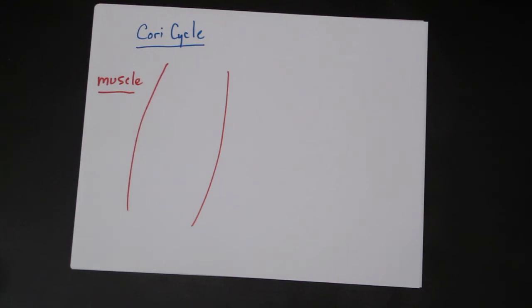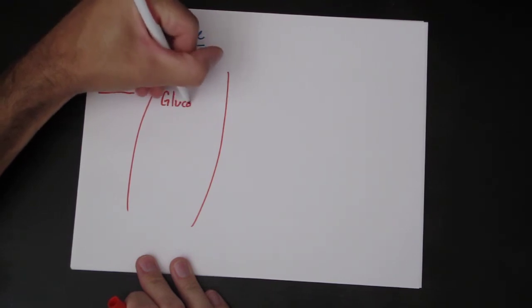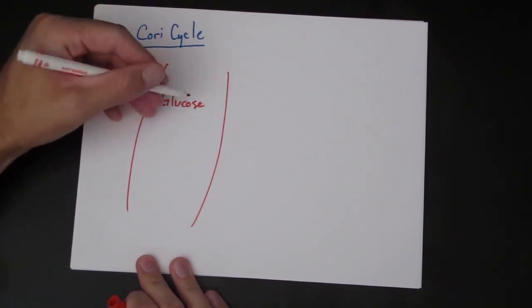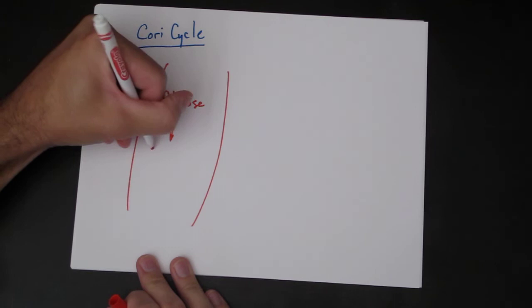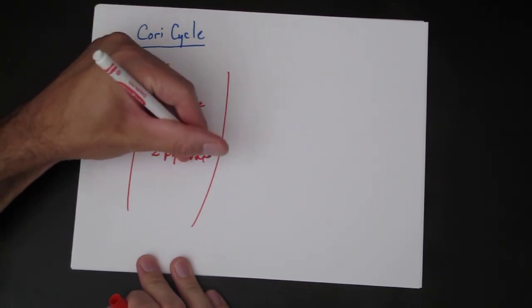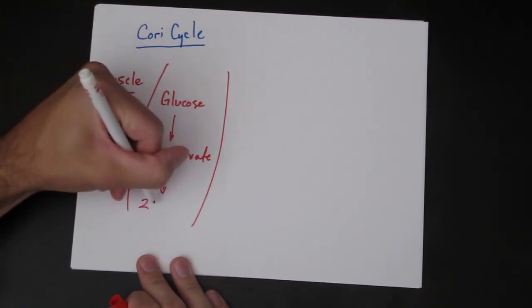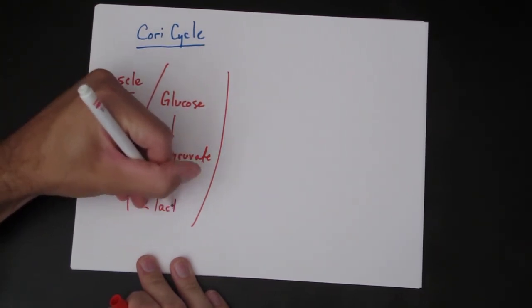And in this muscle, we are exercising intensely. As a result of that, we have glucose getting converted to 2-pyruvate, and those 2-pyruvate are getting converted to lactic acid. Right?